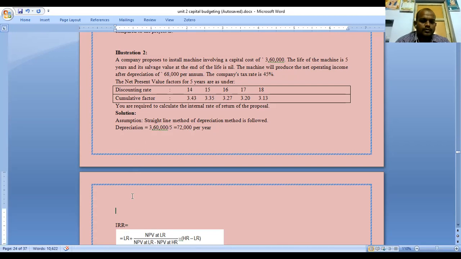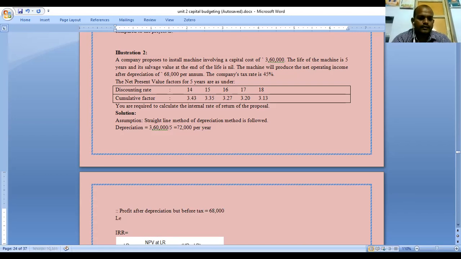So profit after depreciation but before tax is 68,000, less tax at the rate of 45 percent, that is 30,600.